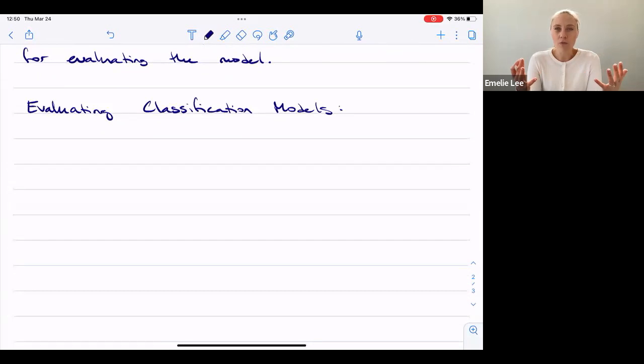We can talk about the overall accuracy, but that's kind of boring, and it doesn't really tell us that much, especially if there's a cost to misclassifying our group 1s or group 0s.